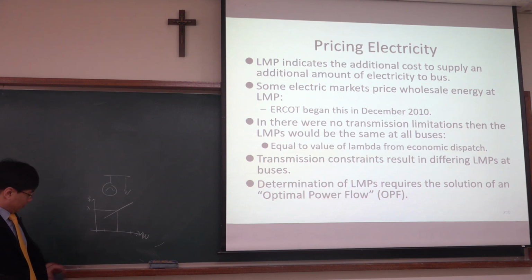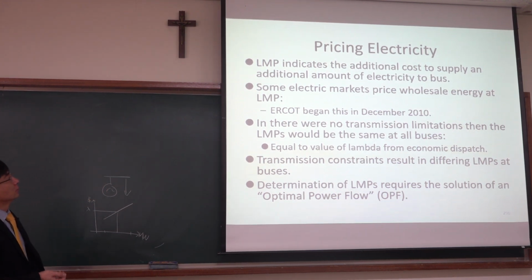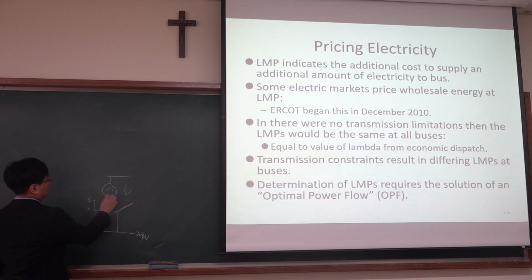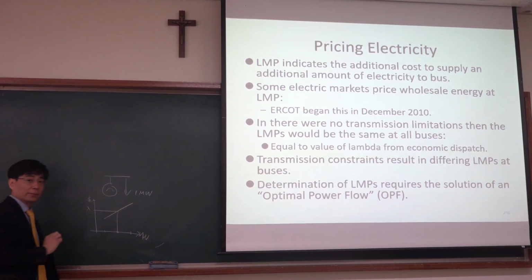So to supply one more megawatt, we are operating here, and if you increase the output power, then the additional cost to supply 1 megawatt is this one, lambda, right? That's the meaning of marginal cost of the generator.